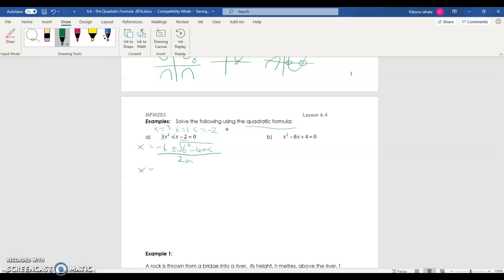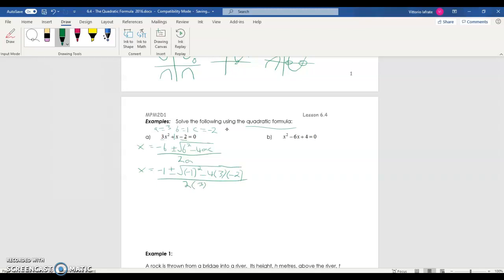So we have x is equal to minus b, so minus 1, plus or minus square root of minus 1 squared minus 4 times a, which is 3, times c, which is -2. Make sure you extend that root there. All over 2 times a, which is 3 there.